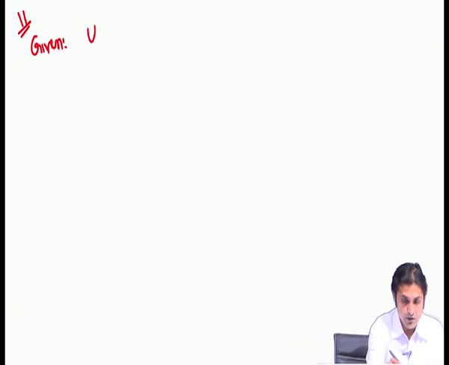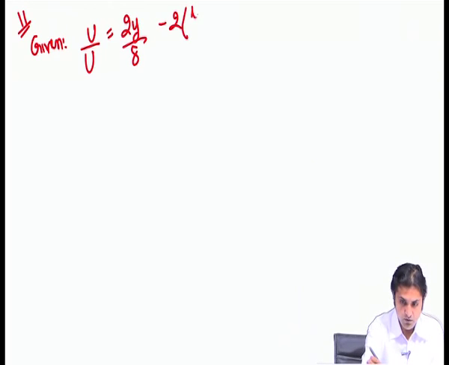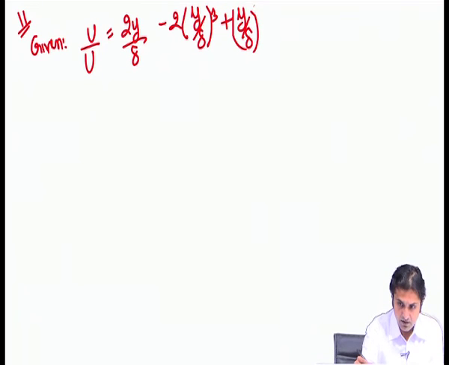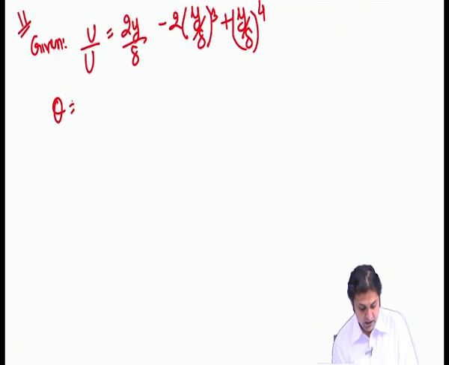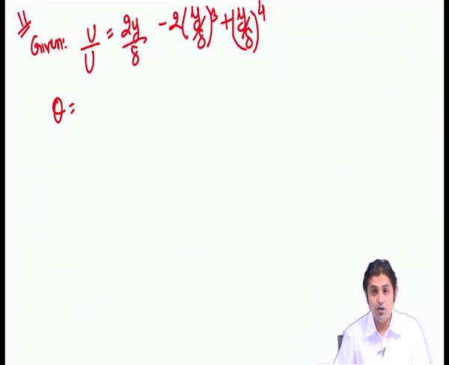So problem number 11 is, we have been given small u by capital U is 2y by delta minus 2y by delta whole cube plus y by delta to the power 4. First thing that we calculate is the momentum thickness, because that is required in the Von Karman momentum integral equation.